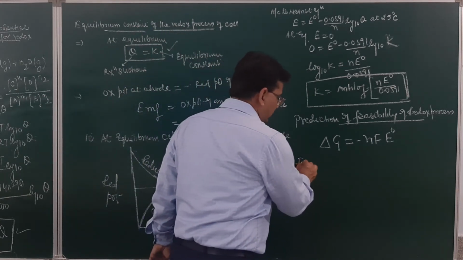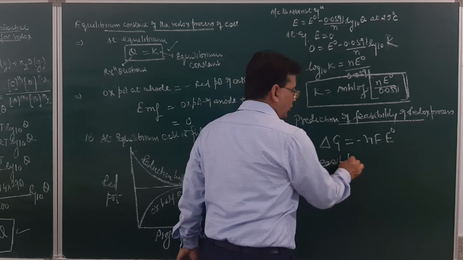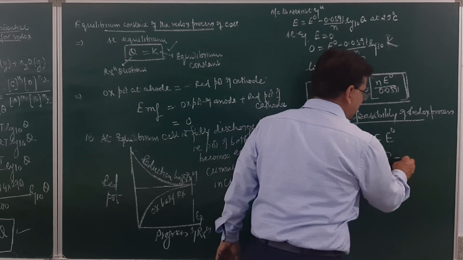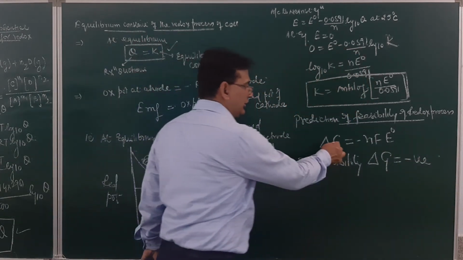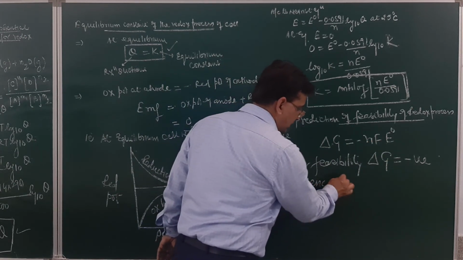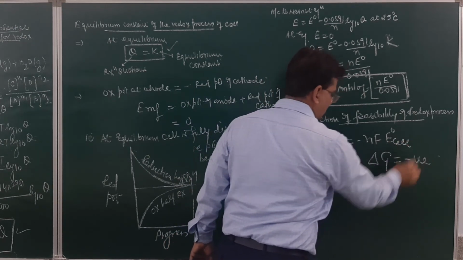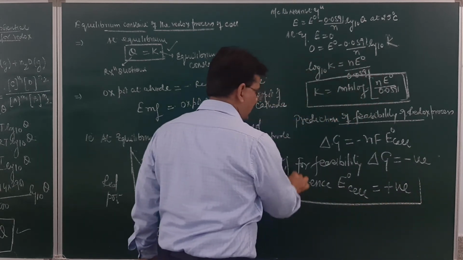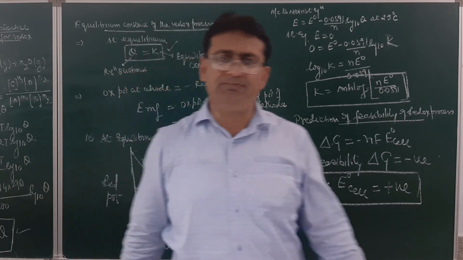And for delta G to be negative, E cell has to be positive. Remember this. So what is the condition for the feasibility of a cell reaction? E cell of the reaction has to be positive.